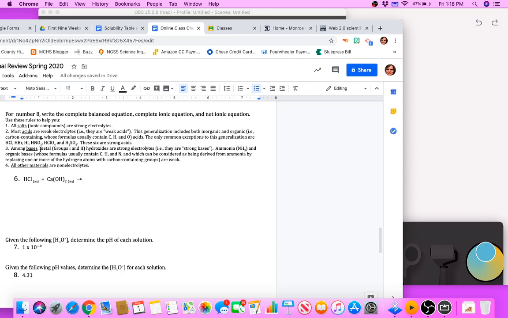But if it's not one of these 6 acids, and if it's not one of those OHs with a group 1 or 2 metal, use your periodic table and see what those are. Then do not break it apart. So we have to be careful about that. Let's go ahead and do this then. This is number 6.